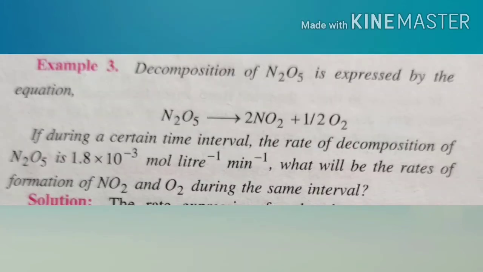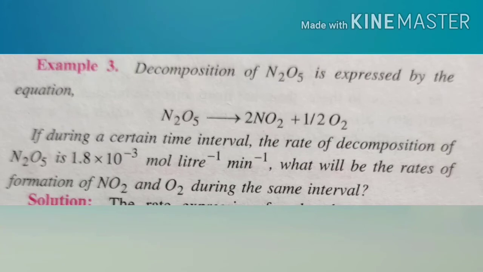Now in the next example, the decomposition of nitrogen pentoxide is expressed by the equation N2O5 decomposing into nitrogen dioxide plus half O2. If during a certain time interval the rate of decomposition is 1.8 × 10^-3 mol per liter per minute, what will be the rates of formation of nitrogen dioxide and oxygen during the same time interval?